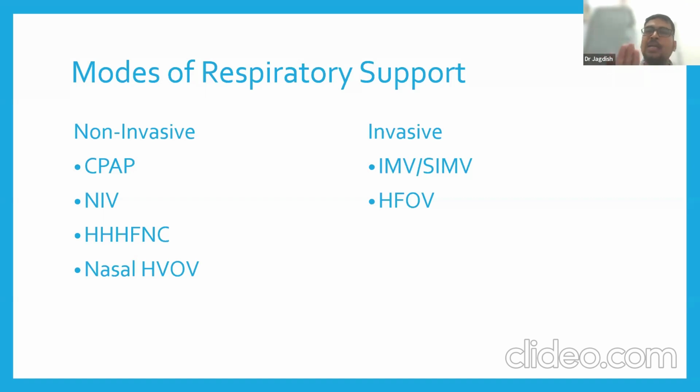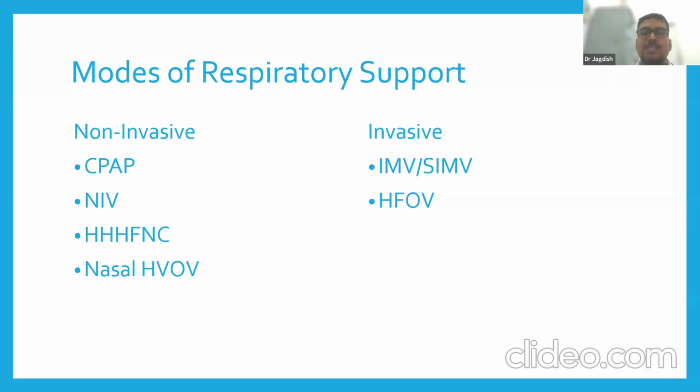So practically any baby who is in respiratory failure, we decide to put on invasive ventilation. For the babies who are in respiratory distress, we decide which baby goes on CPAP, NIV or HHFNC. CPAP is the best choice in most of the units.